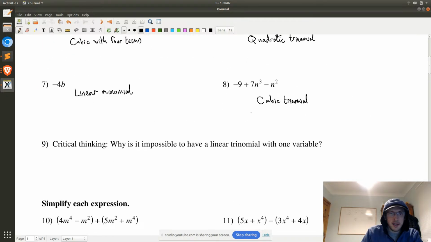Then why is it impossible to have a linear trinomial with one variable? A linear trinomial with one variable.